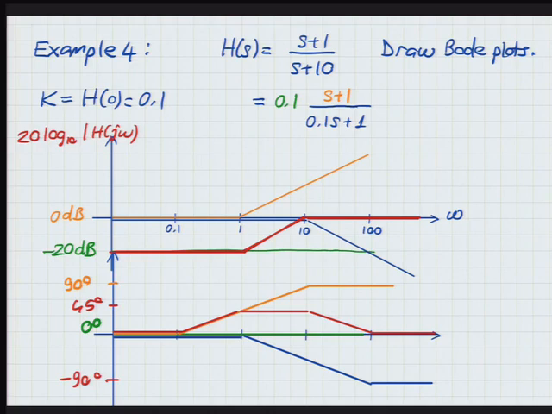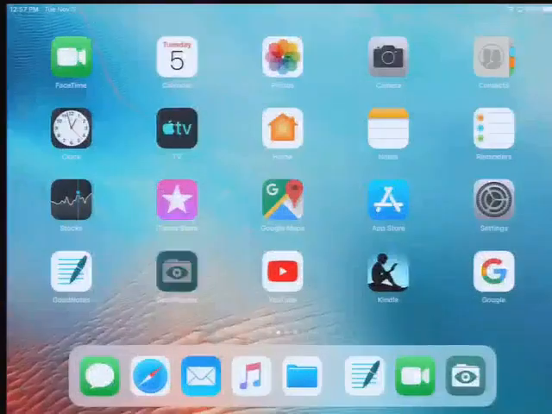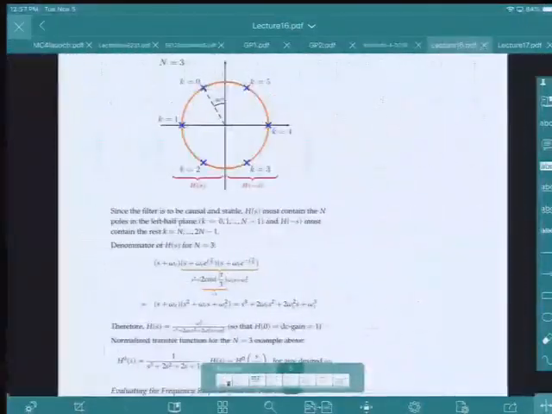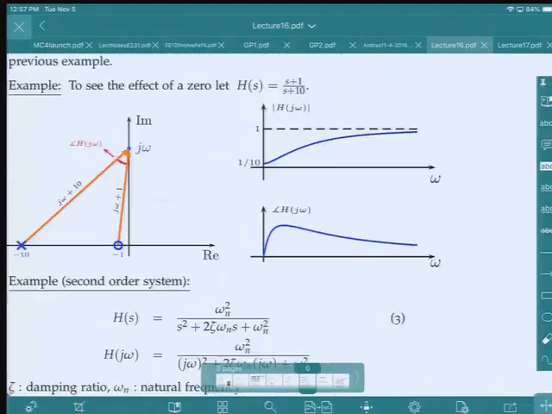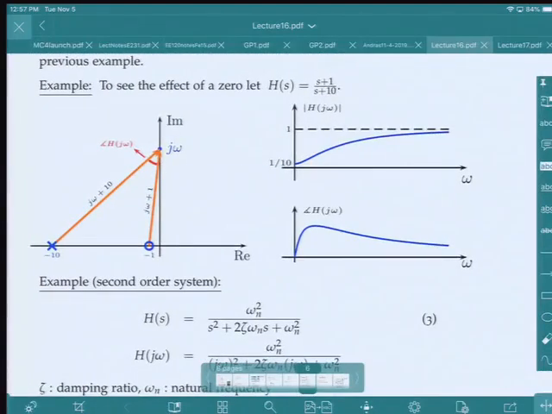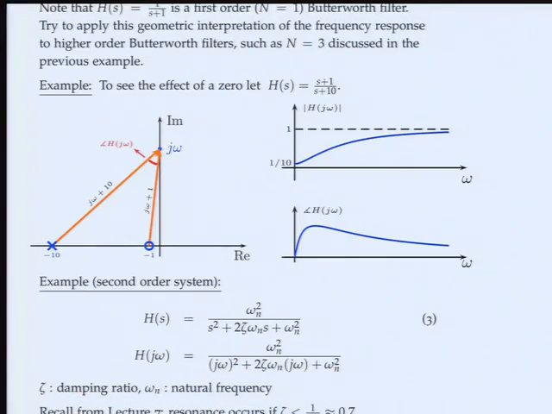Let's compare this approximation to what we had last time. We actually talked about a geometric interpretation of the frequency response. And H(s) = (s+1)/(s+10) was actually one of our examples. There we were not making accurate or even approximate sketches. We were making very rough sketches, right?